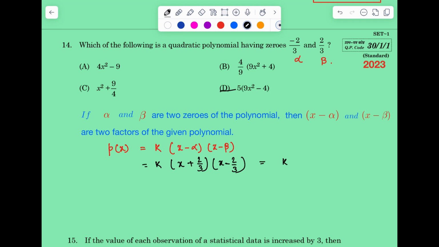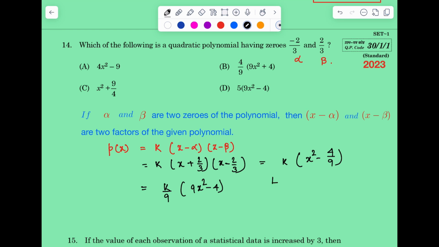Now if we apply the formula a plus b into a minus b, we will get k into x square minus 4 by 9. That will be equal to k by 9 into 9x square minus 4. And if we will see, it is k by 9. Here k is equal to actually 45 in this question.